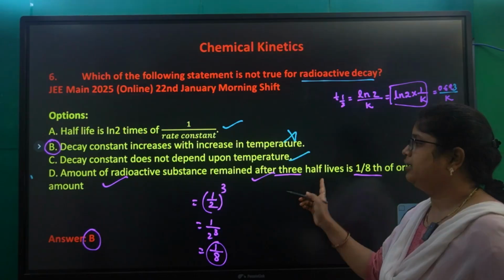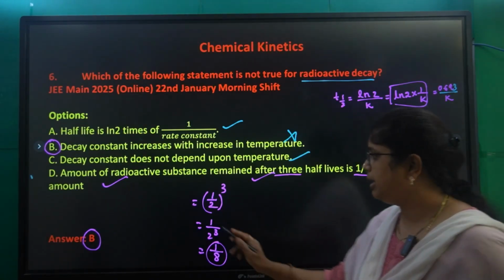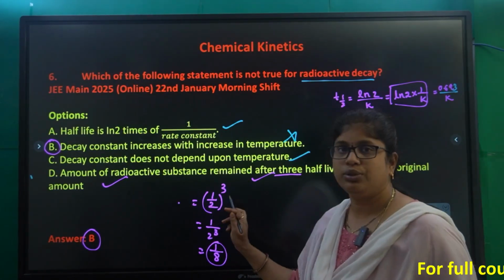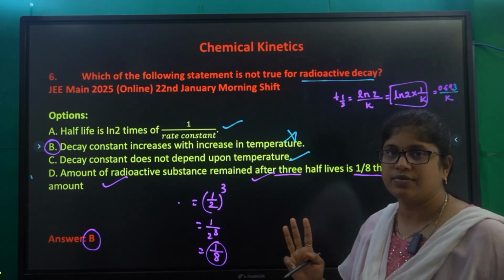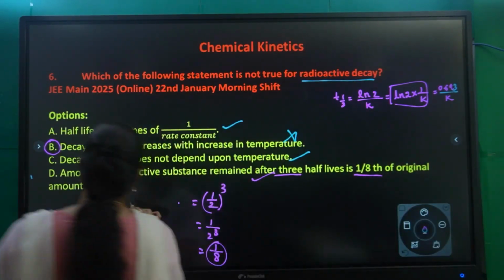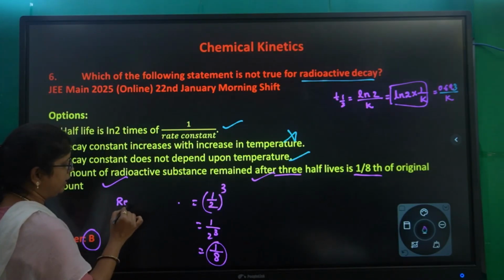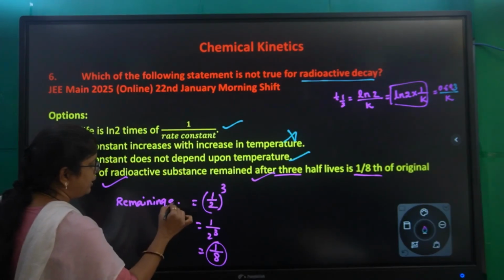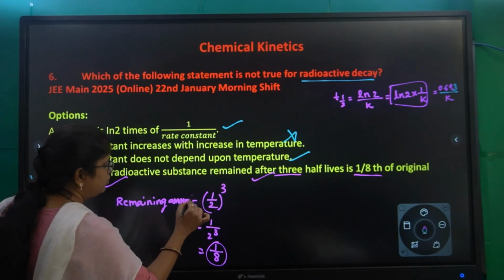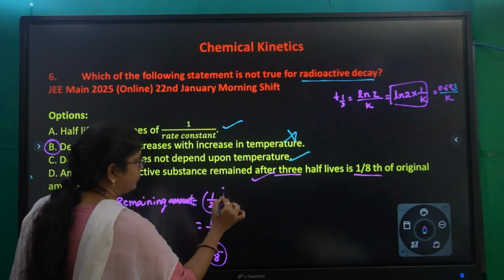Here, to calculate the remaining amount, it is equals to half to the power of n. Okay, how many half-lives here? 3 half-lives. The formula to calculate remaining amount will be equal to half to the power of n.